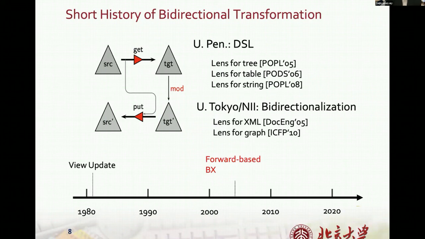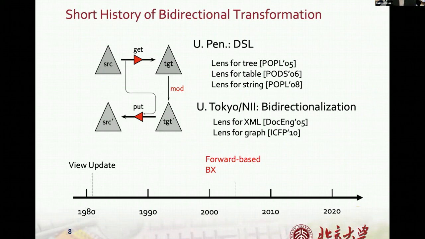At the same time, another group, the University of Tokyo, to which I belong, was also working on this. What we worked on is, rather than defining a new domain-specific language, can we just bidirectionalize existing unidirectional programming languages? For example, for XML, we have XQuery, which is quite common and often used by people to describe transformation from one XML file to another.